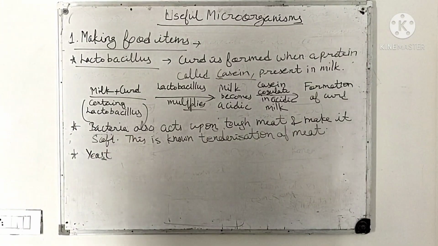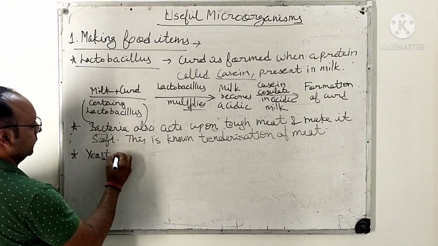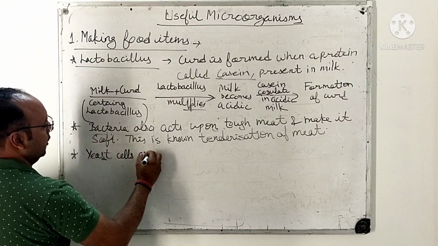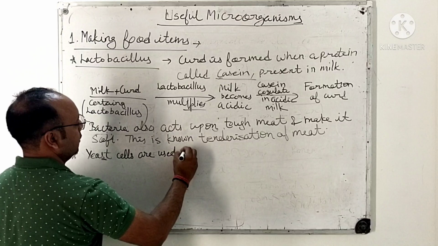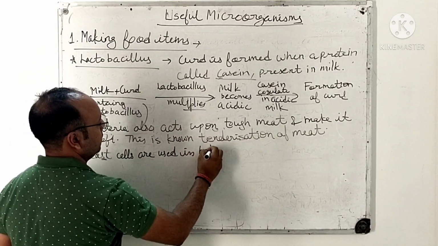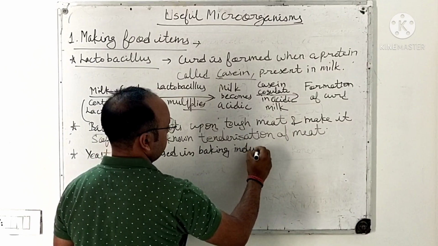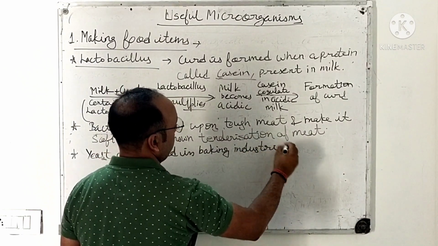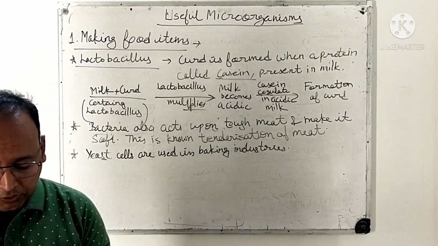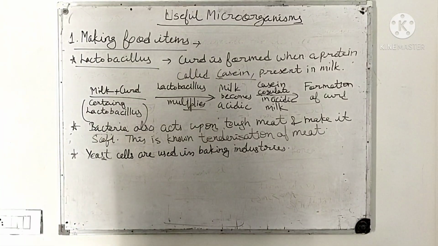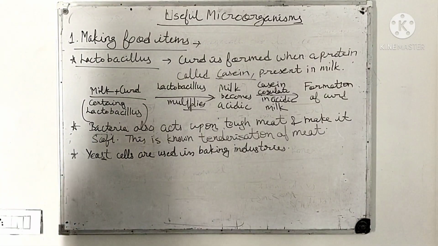Yeast cells are used in baking industries. How are they used in baking industries? We know that they are used for making breads, pastries, cakes. For baking bread, how do we use the yeast?